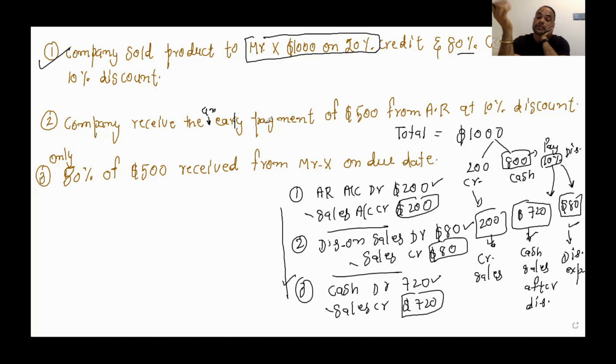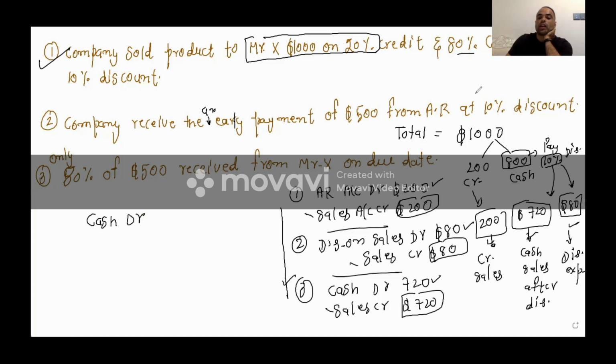You offer them discounts. So cash receipts. Obviously cash account debit, right? And you are paying discounts to your account receivable for early payments.